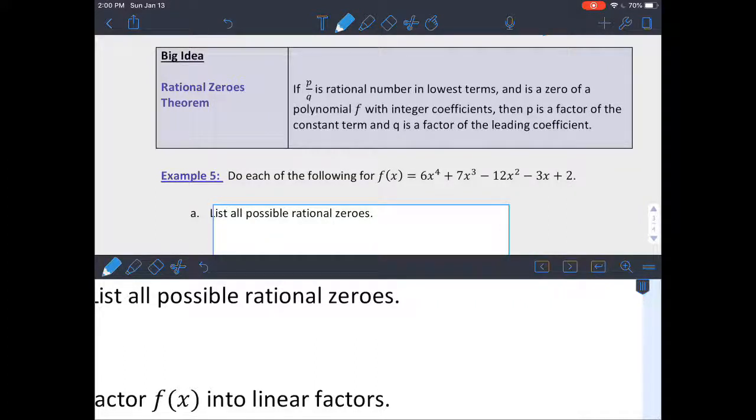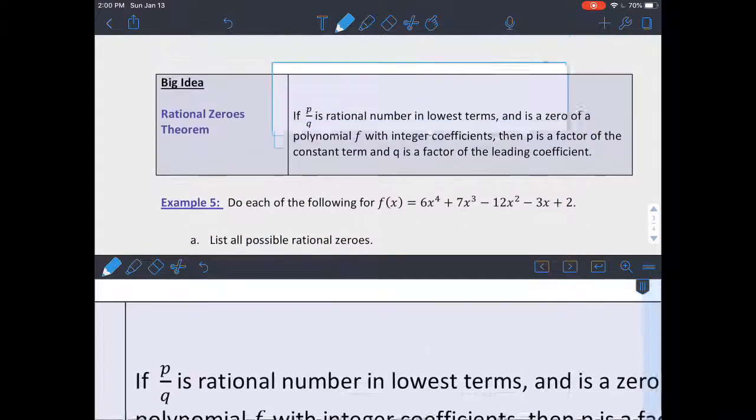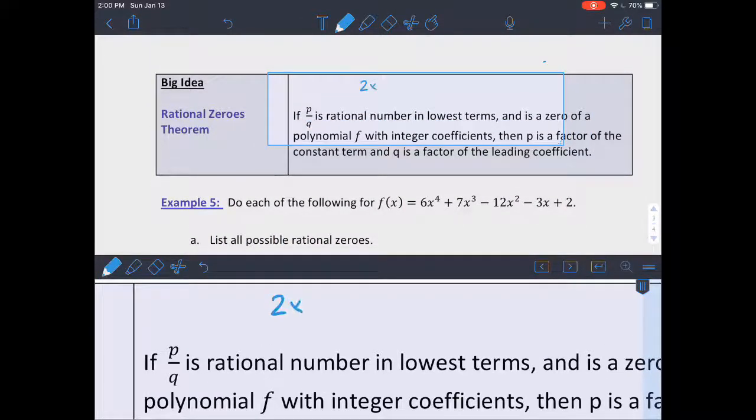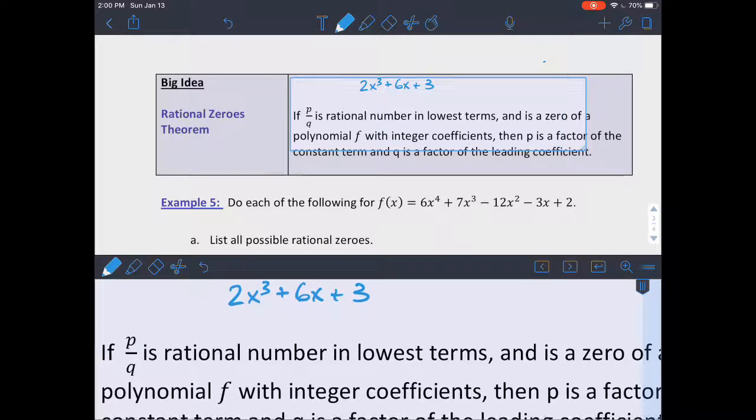So you don't just plug in random numbers, though. There is some method to what possibly could be a 0. So say you have a cubic polynomial like this, it's going to be anything of the form where it's factors of your constant, so in this case factors of 3, divided by factors of your highest degree term, which would be 2.